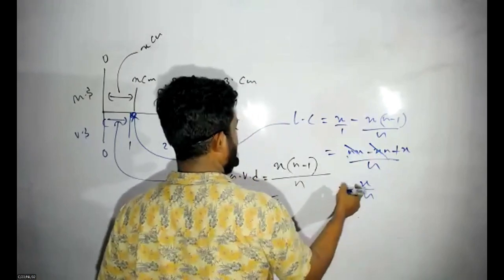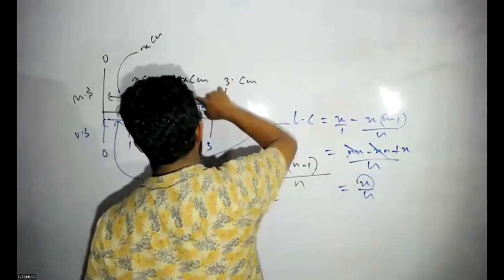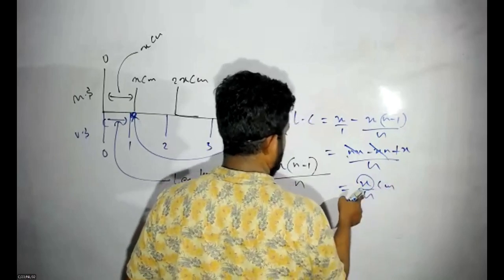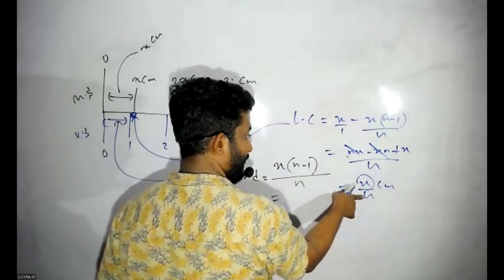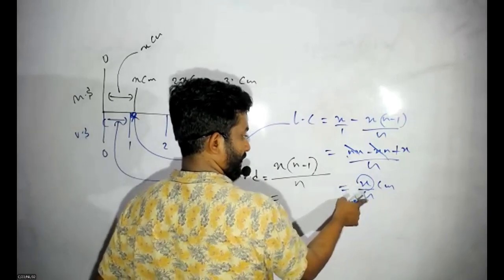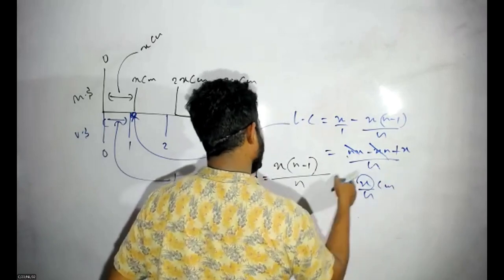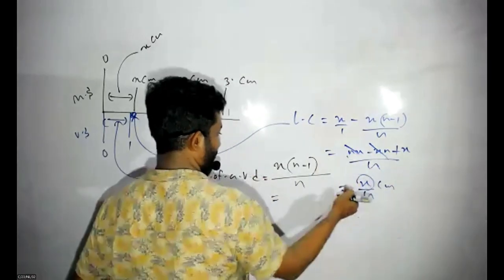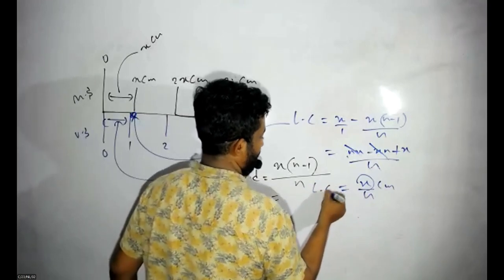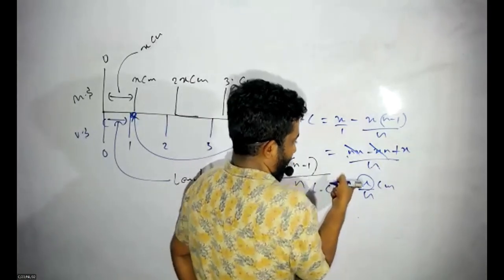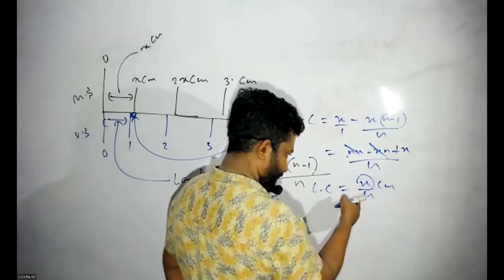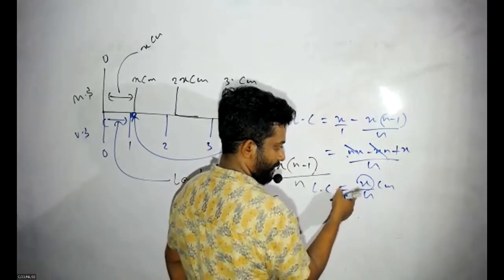Again, you can observe that this one is the length of the main scale division in centimeters. This one is the number of vernier divisions. n is the number of vernier divisions, no? Did you remember that equation, Puti? Same thing, no? You can directly apply the equation to find the least count: length of main scale division over number of vernier divisions, right?